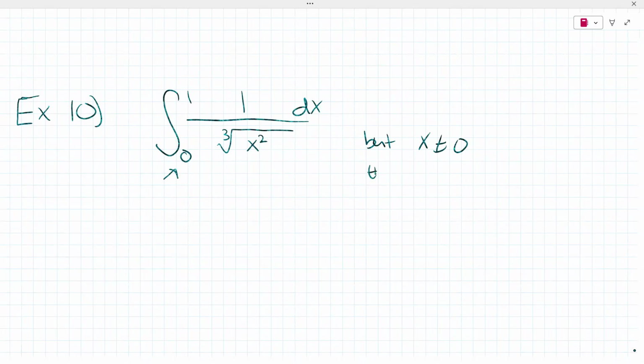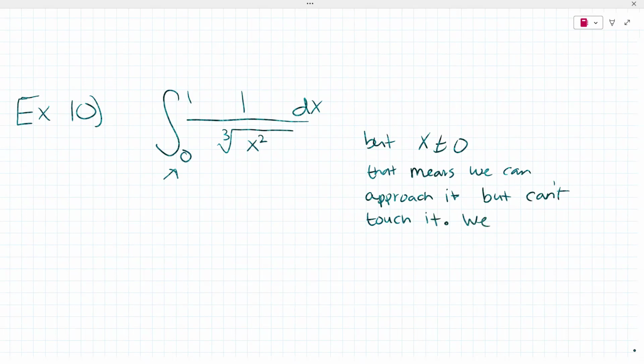So that means we can approach it, but can't touch it. We are going to approach 0 on the right-hand side.